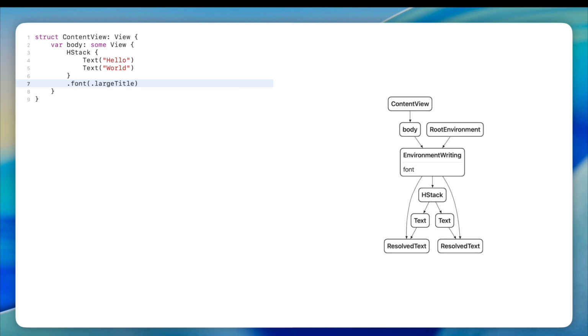I guess it looks a little bit more like this in practice. I'm not 100% sure. But what's happening here is that if, let's say, the root environment changes, that will cause a change to the environment writing modifier, which might actually recompute the body. I'm not sure, but definitely the two texts will change and the resolved texts will change, and the display list down below.